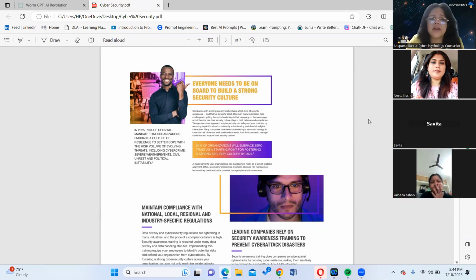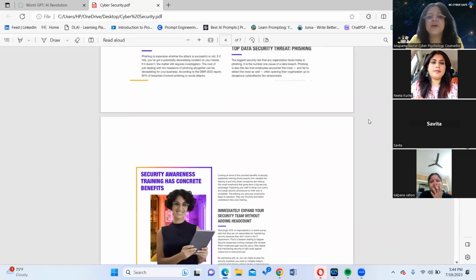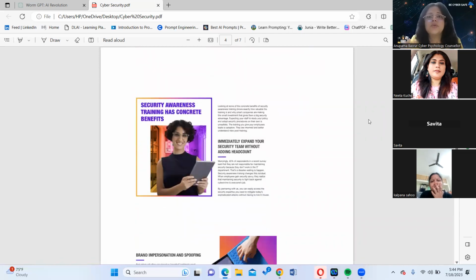So what we normally say is that the human is the weakest link in the entire security chain, because you can put in as many firewalls and as many systems in place so that your system is secure.